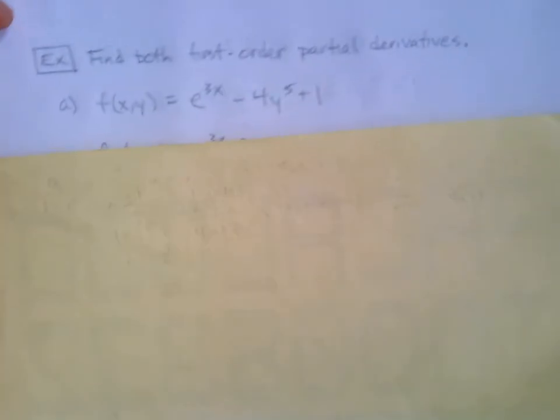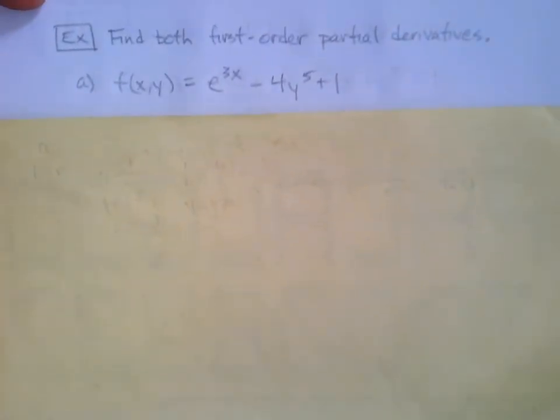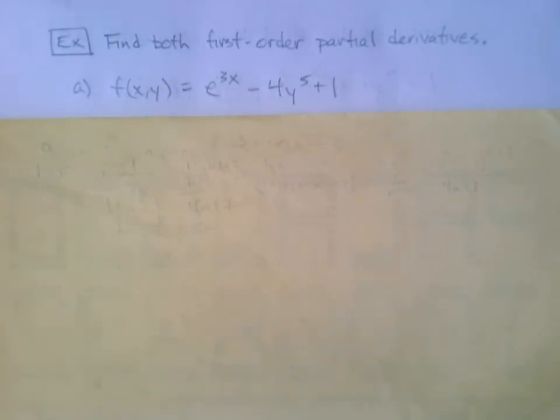So let's get to a couple more examples here. I think we can fit them into this first video. Let's get a little bit more difficult. Find both first order partial derivatives. So getting a little bit more challenging.